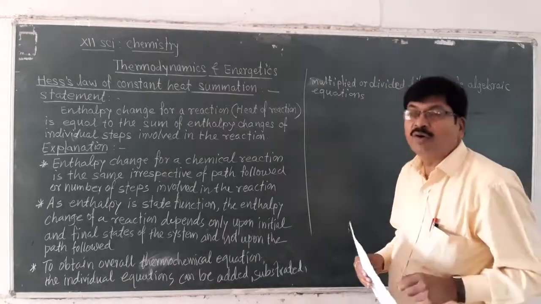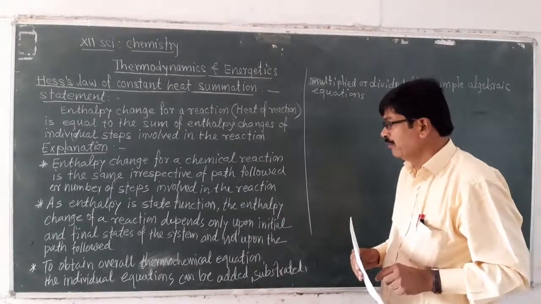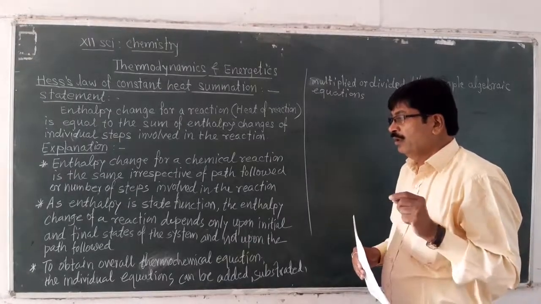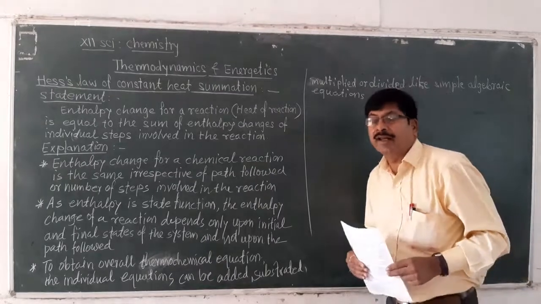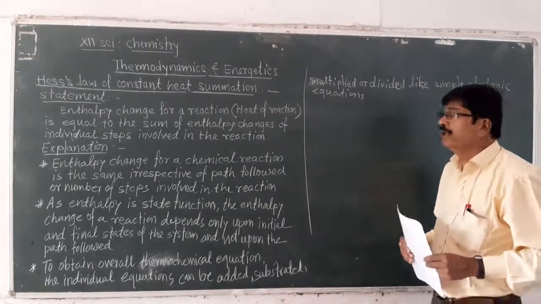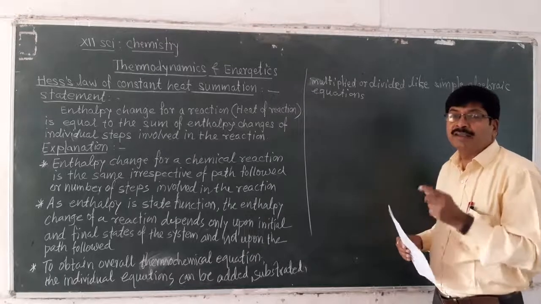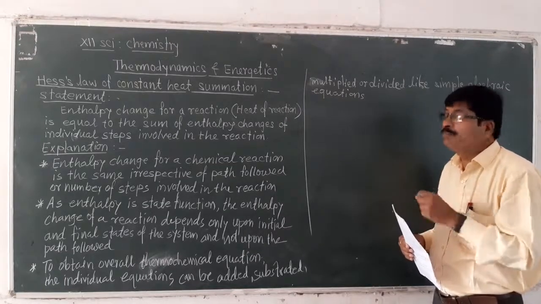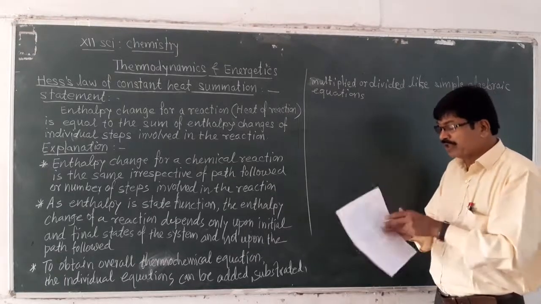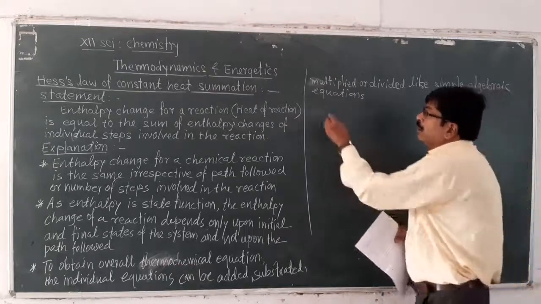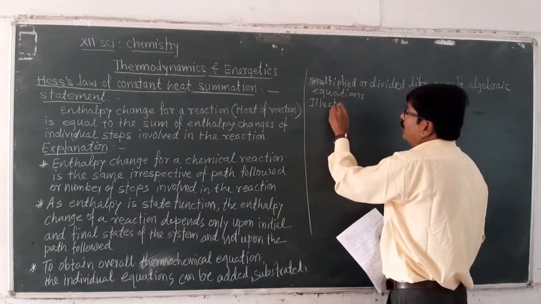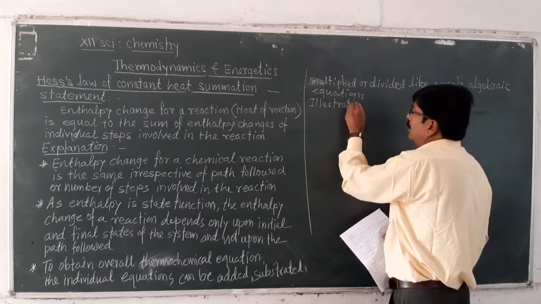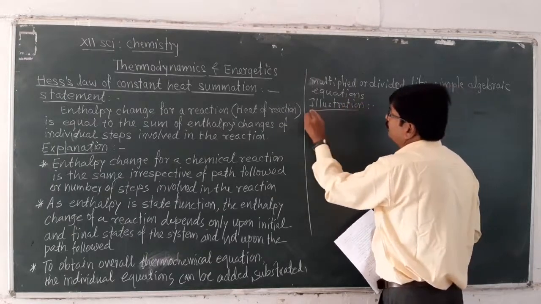And to obtain the overall thermochemical equation, individual equations can be added, subtracted, multiplied or divided by any integer like simple algebraic equations. Hess law can be illustrated with the help of an example.